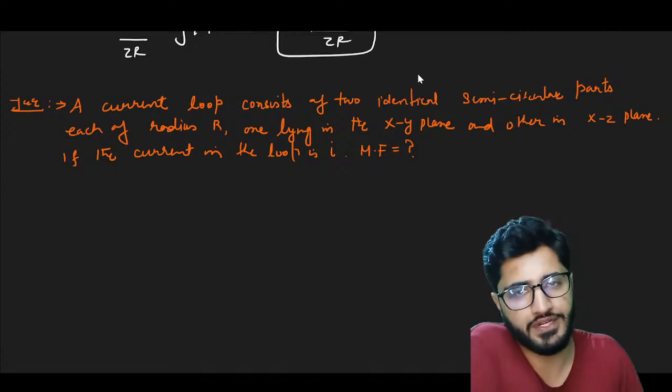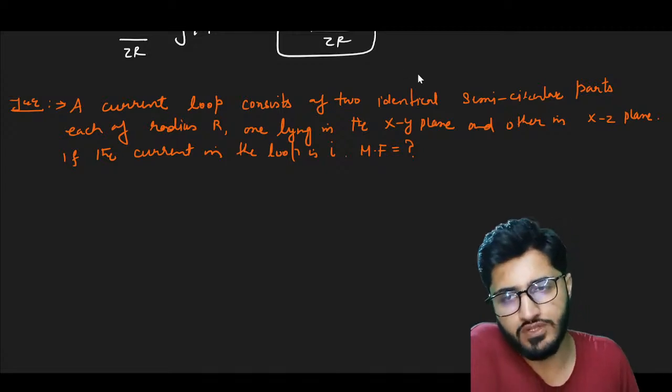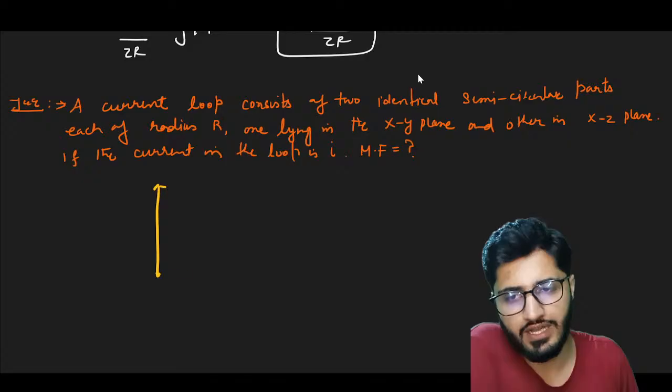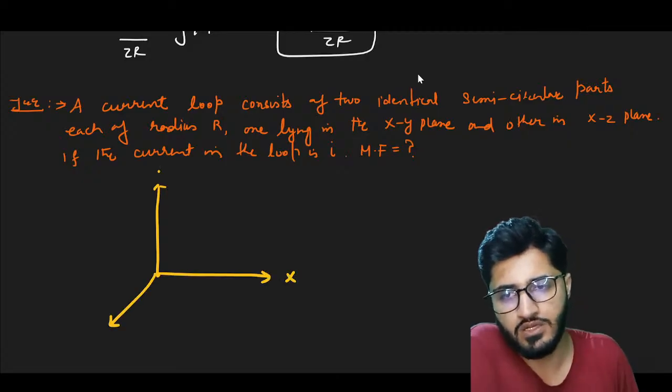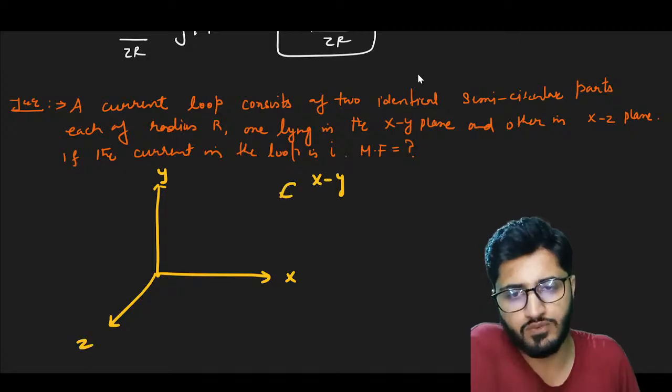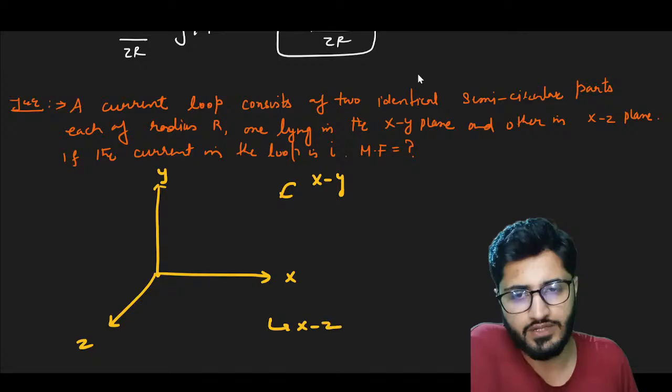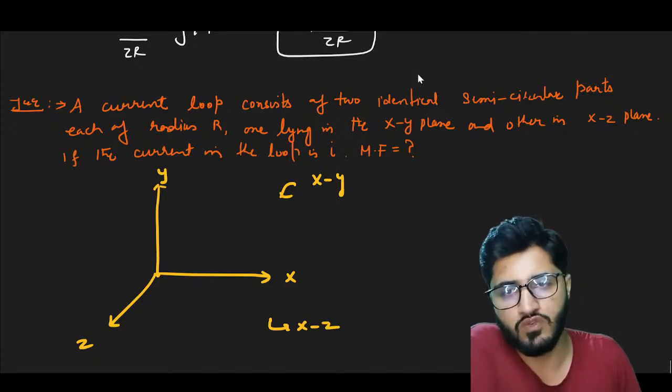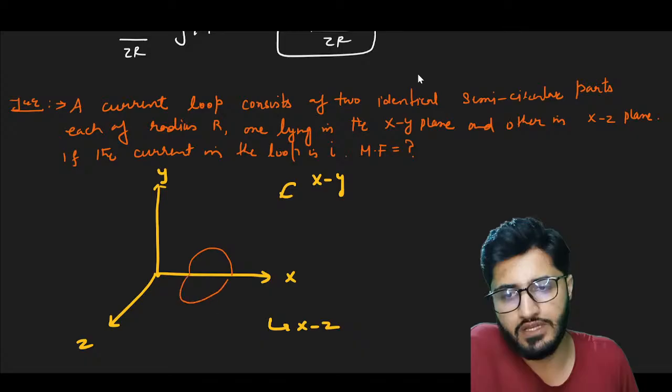at the common point. Okay, as per the question, we need to draw a coordinate system firstly. X, Y, Z. This one would be the XY plane and this one is the XZ plane. So one will be in this way, one will be in this way.